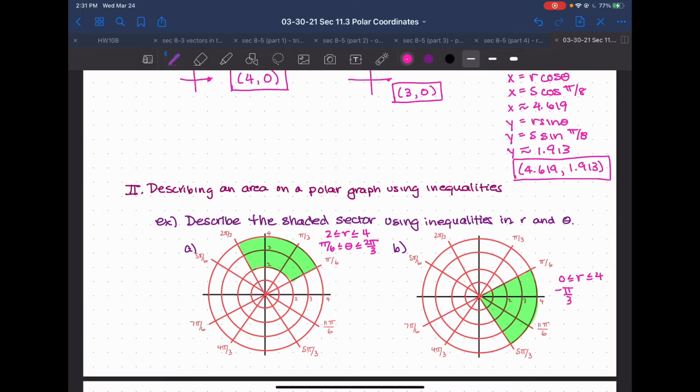Negative pi over 3 is less than or equal to theta is less than or equal to pi over 6. So just be careful. Make sure that you always go from the smallest to the biggest, and also make sure that you're not going around too many times in the circle. Don't say that it's like negative pi over 3 to 13 pi over 6, because that would be going around the circle once and then stopping there. So just be careful with those things. So that's all there is to that.